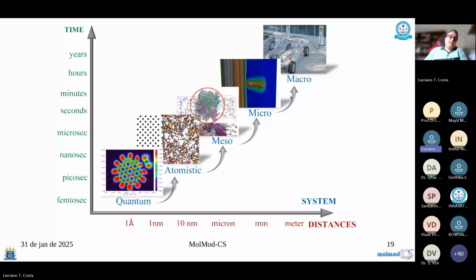So here is the scale and time. Going from quantum to macro, we can run systems faster, while here we need to work with small sizes and quite small times in simulations.